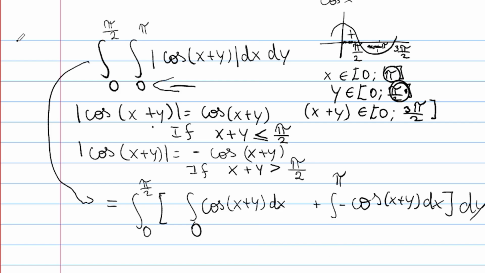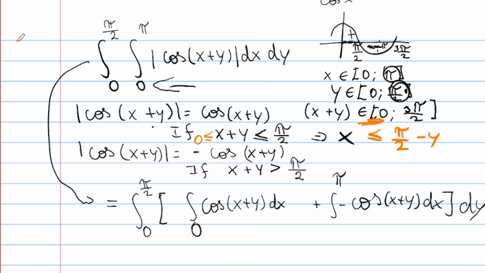So I need to know this one and this one. I can take x, right? x is less than or equal to pi over 2 minus y, because x plus y is less than or equal to pi over 2, since this is greater than or equal to 0 from here.